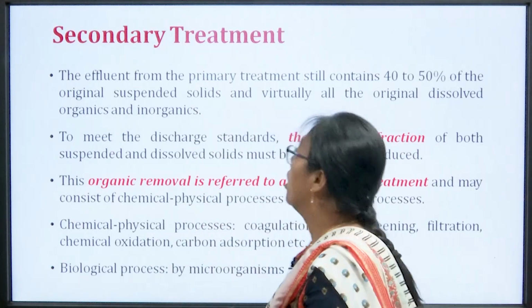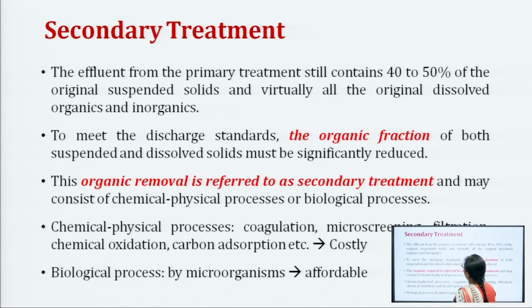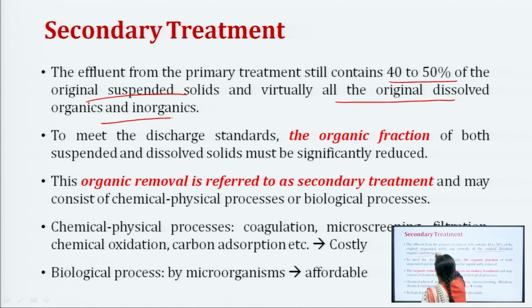Once the effluent comes out of the primary treatment, that is the sedimentation tank, the effluent still contains around 40 to 50% of the original suspended solids, and virtually all the original dissolved organics and inorganics, right. The plain sedimentation tank and the grit chambers are able to remove some part, but there are still many things not removed from the wastewater.